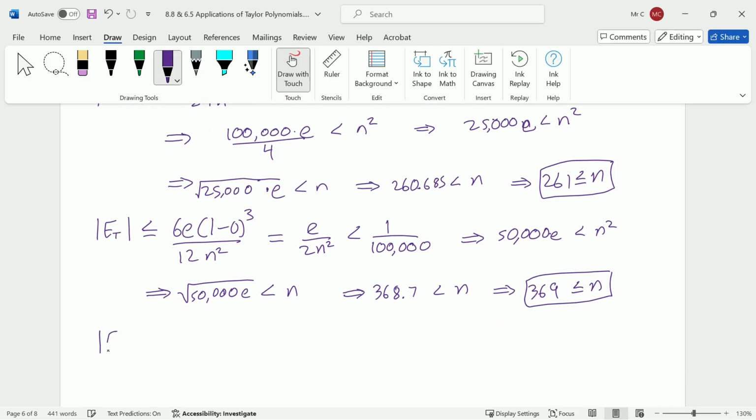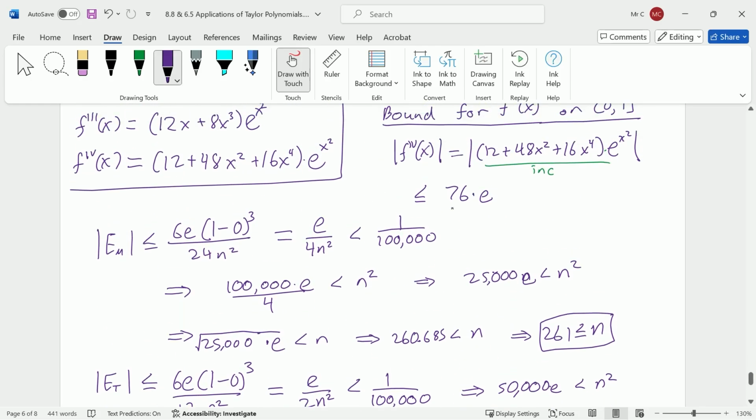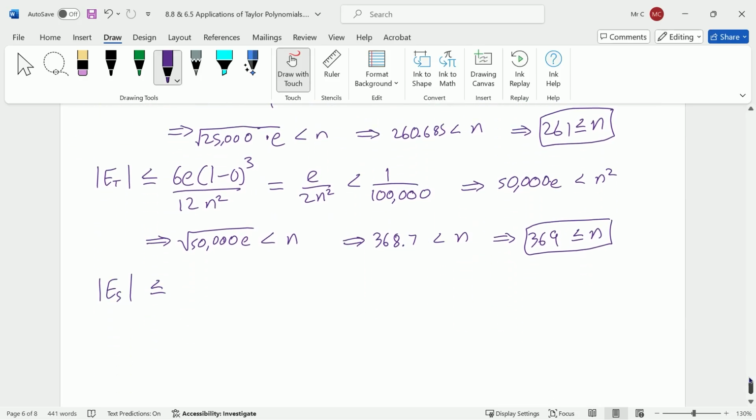And finally, for Simpson's rule, this one has the other K value from the fourth derivative. The upper bound of the fourth derivative was 76 times e. So 76e times (1 minus 0) to the fifth power over 180 n to the fourth. 76 over 180, I'll just tell you that simplifies to 19 over 45.